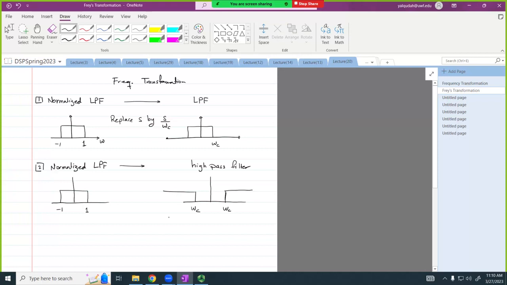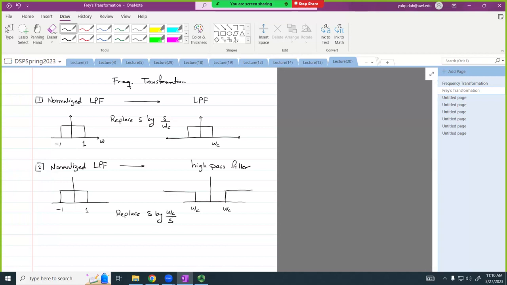What do I have to replace S by? Omega over S? Excellent, omega C over S. If you replace S by omega C over S, then the low-pass filter is going to be converted to a high-pass filter.